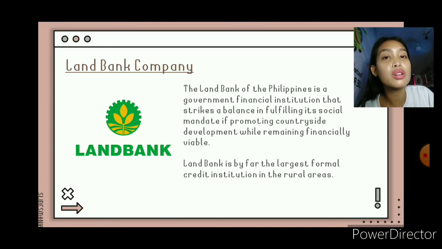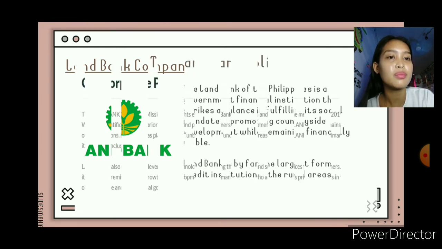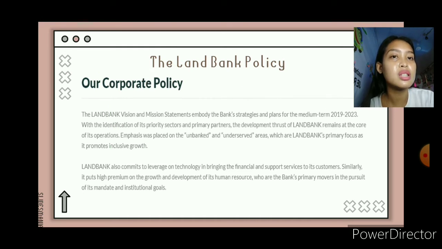They are focusing on the farmers, the countryside, if they need financial loans or money. They are focusing on rural areas, especially the farmers. So this is the corporate policy of the Land Bank.